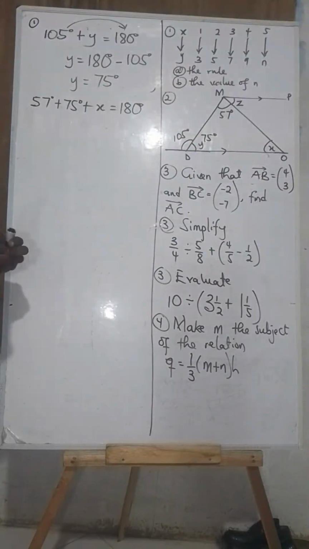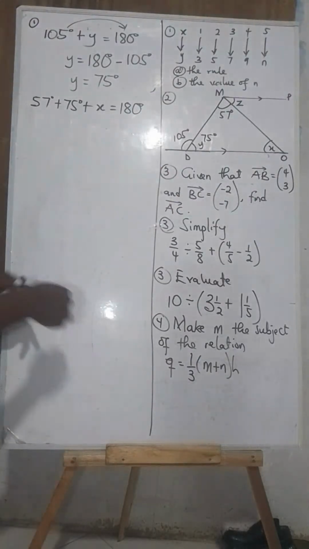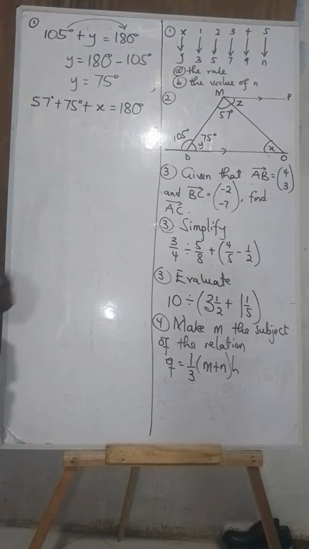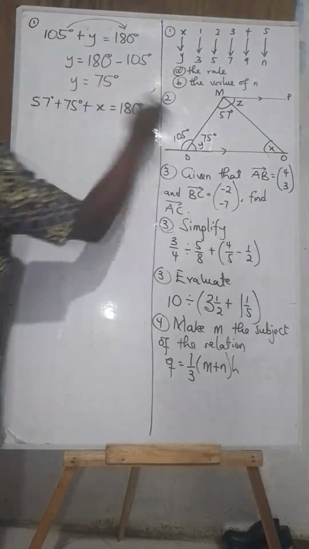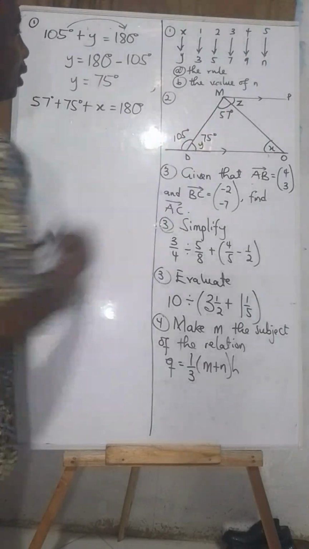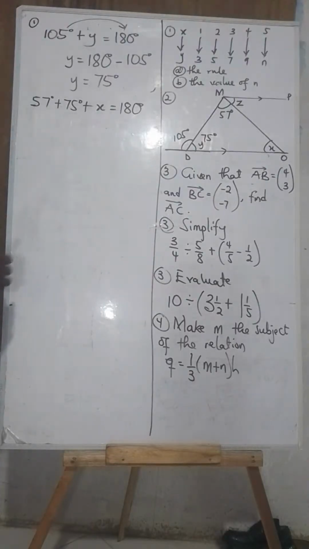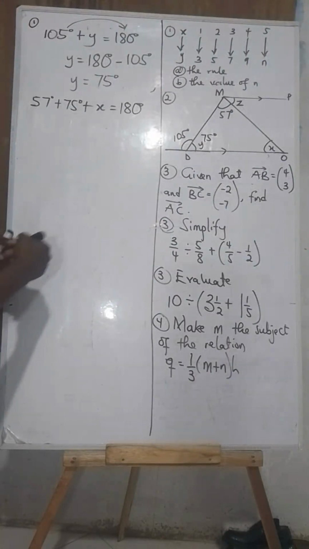Sum of angles in a triangle is 180 degrees.